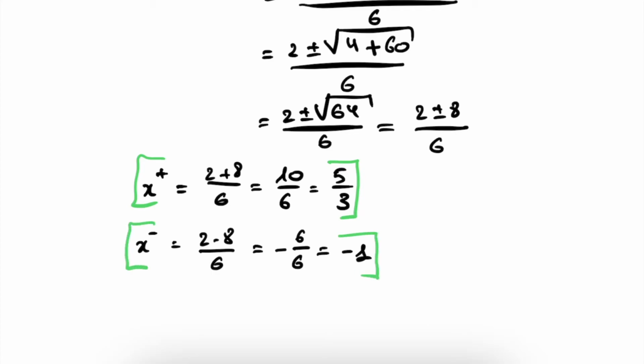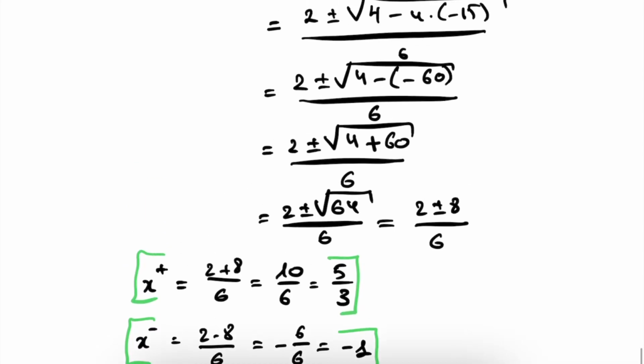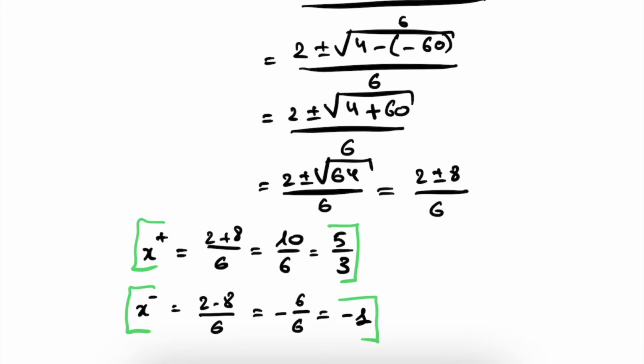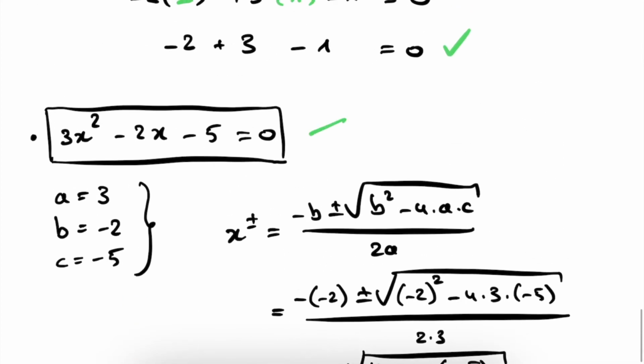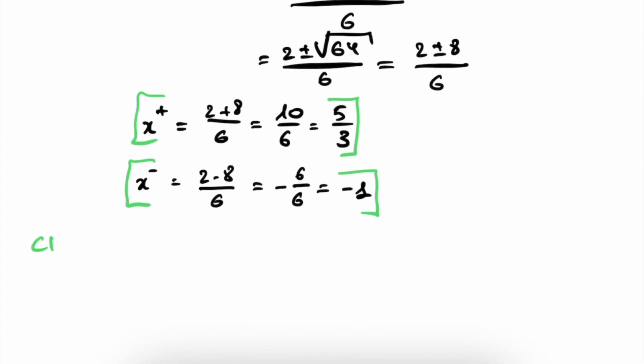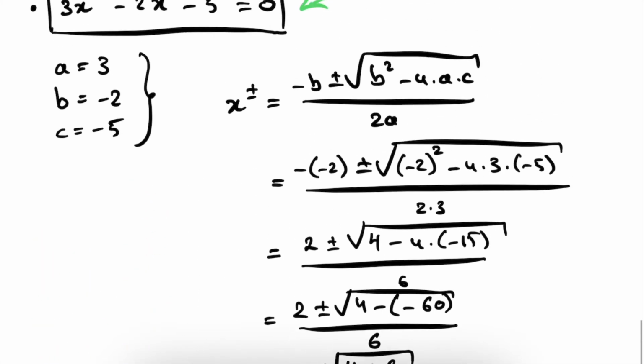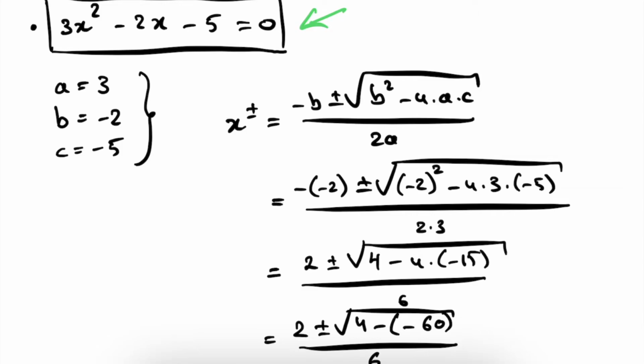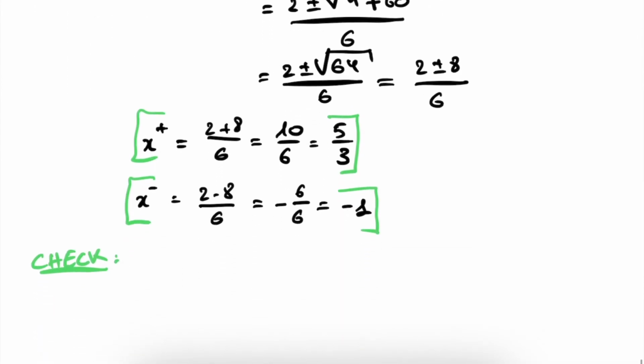And so now we start to see the strength of this general solution, because, for example, x is equal to 5 over 3. Well, it's very difficult to see that this is a solution of this initial equation. And to see whether it is exactly the solution to this equation, or that we didn't make any mistakes, let's again perform our check. So we get 3 times x squared.